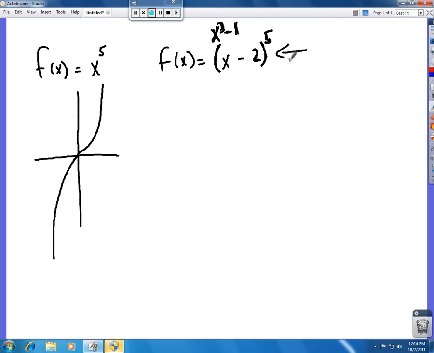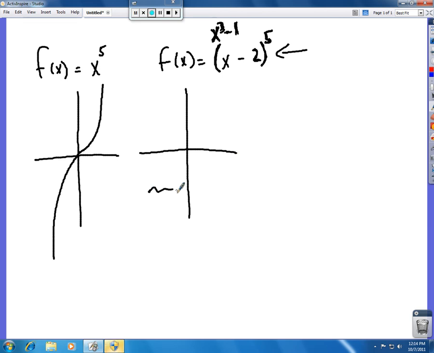But now when everything's contained and raised to the same power, you can move left or right on the x-axis. And it's kind of counterintuitive. Because we have a minus 2 inside the parentheses, you would want to automatically say, well, let's go ahead and move to the left, to the negative side of the x-axis, which is over here. But you're not going to do that.